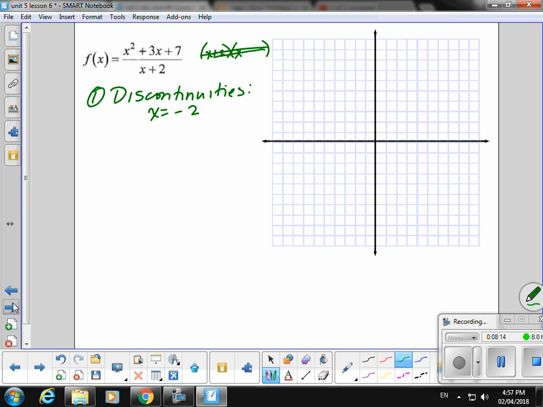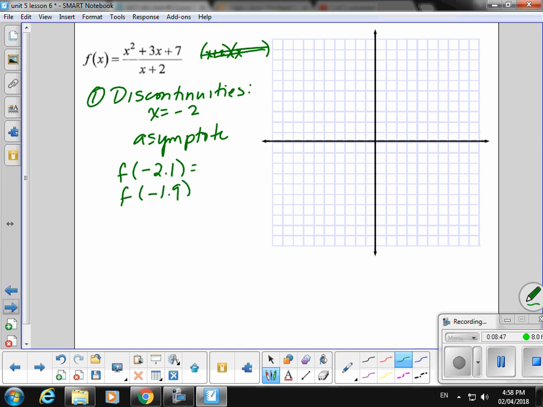I'd like to know what it's doing to the left and to the right just by doing some quick values. For my asymptote, actually I should write that down. That's my vertical asymptote. Oh man, I can't even spell today. Okay, I'm just going to look a little to the left and a little to the right and see what's going on.